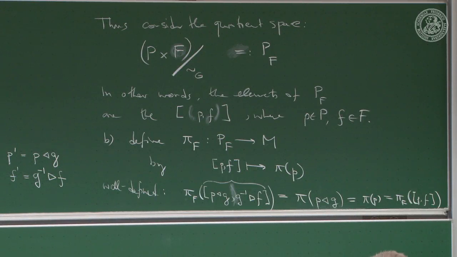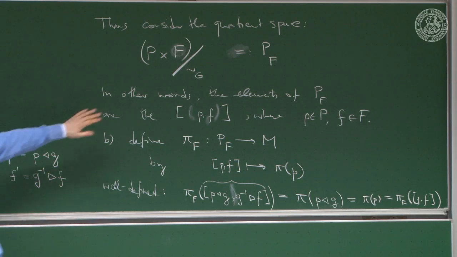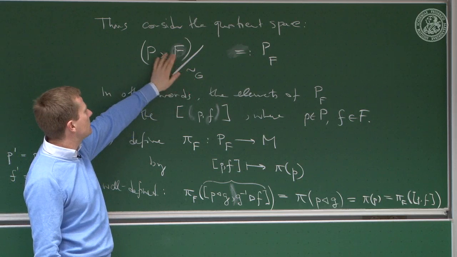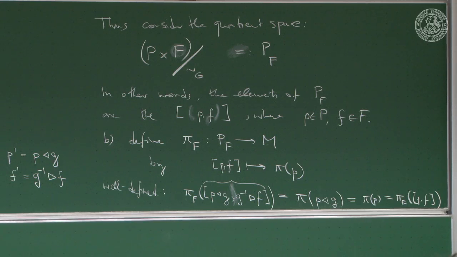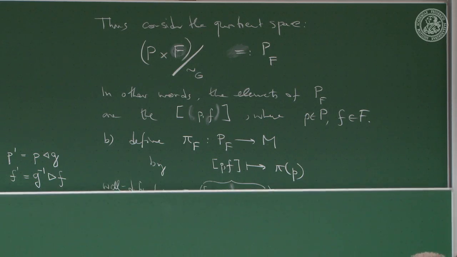Yeah, and so in total, the construction of this total space PF and the construction of this projection map pi F yields us a bundle. Now, I already gave you an intuition that if you mod out this G, we expect a bundle over this base space with the typical fiber F. But strictly speaking, one has to show this, but that's simple enough to go on the problem sheet.